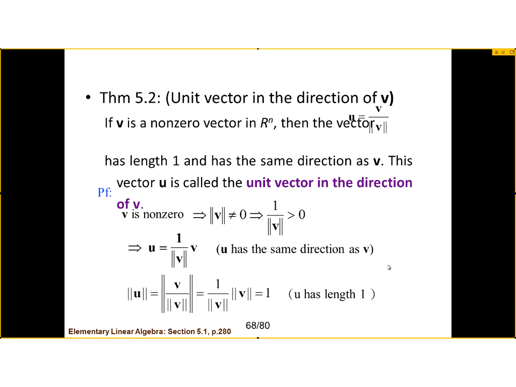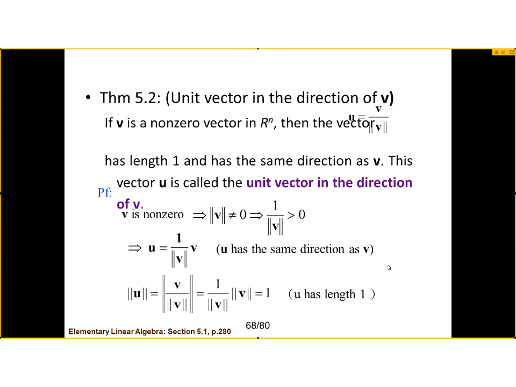So how can we calculate a unit vector? If v is a non-zero vector in Rn, then the vector u equal to v upon norm v has length 1 and has the direction of v. This vector u is called the unit vector in the direction of v.